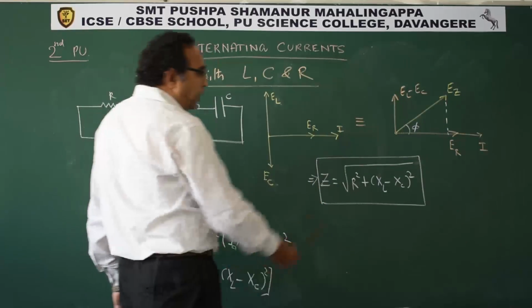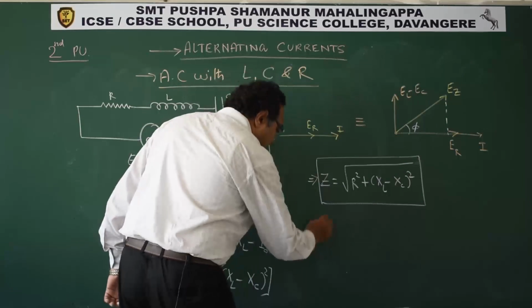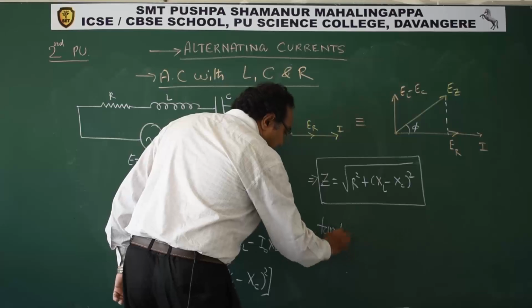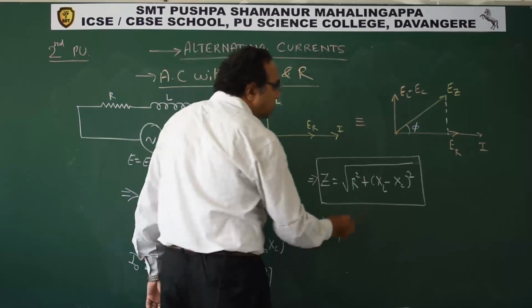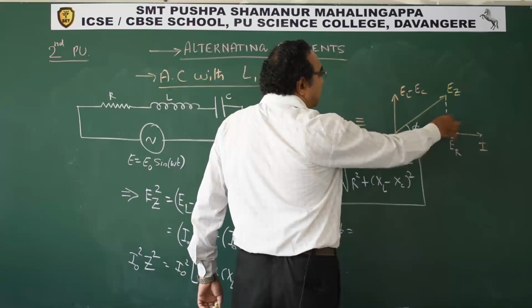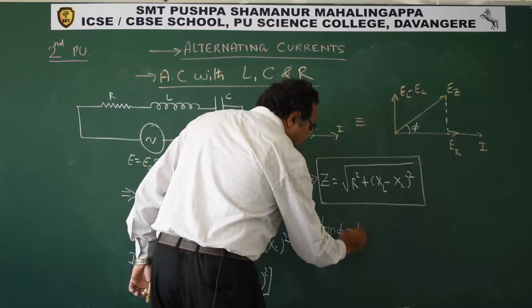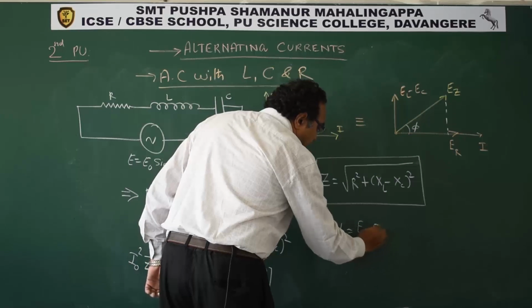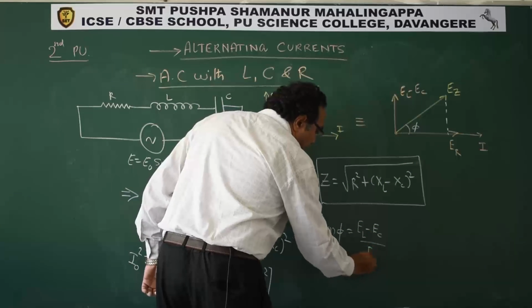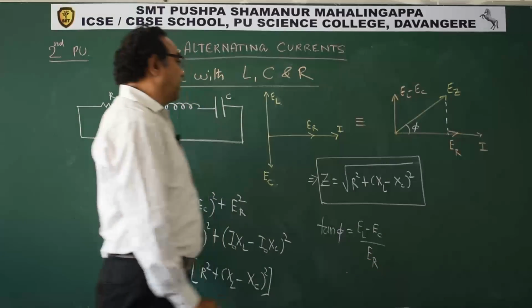Now let us try to find this angle phi. So from the impedance triangle, tan phi will be what? Tan phi will be this side, which is EL minus EC, upon ER. This is what we get.